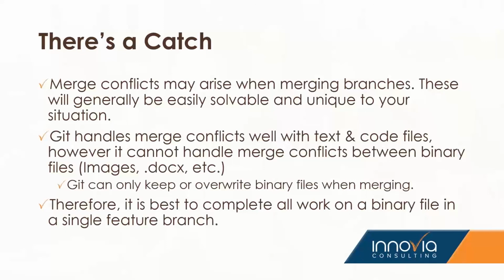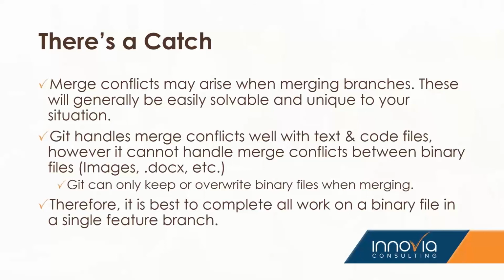Git handles merge conflicts well if it's a text and code file, but if it is a binary file, like an image, a .app file, a Word report layout file, a docx file, Git can't merge binary files like it can a text file.